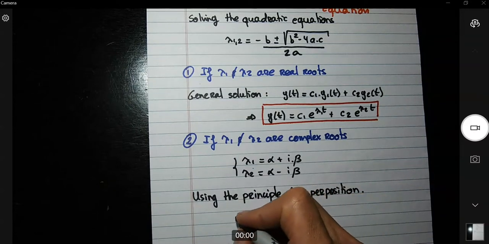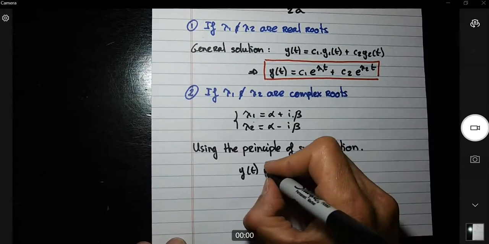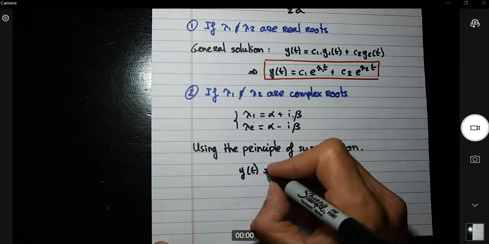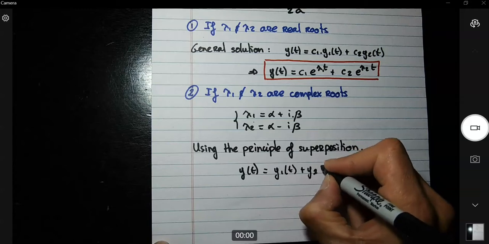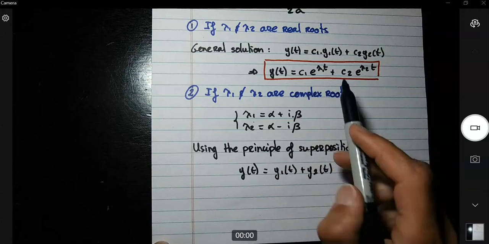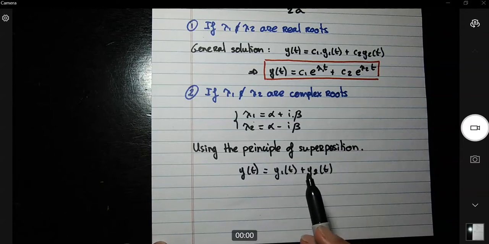Y of t is equal to y1 of t plus y2 of t. So again, what is the meaning of the principle of superposition? Is that if y1 of t is a solution of the ODE and y2 of t is a solution of the ODE, the summation of both of them is also a solution to the ODE. Okay? So basically this will give what?